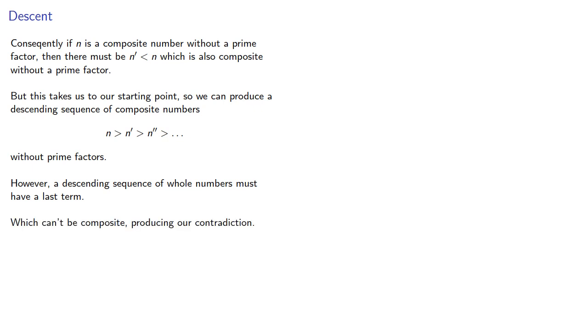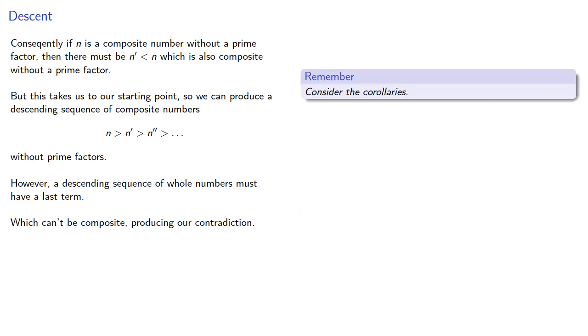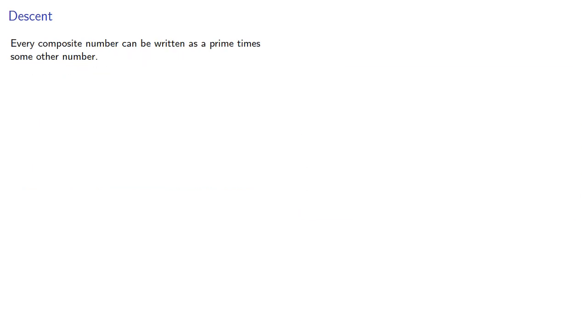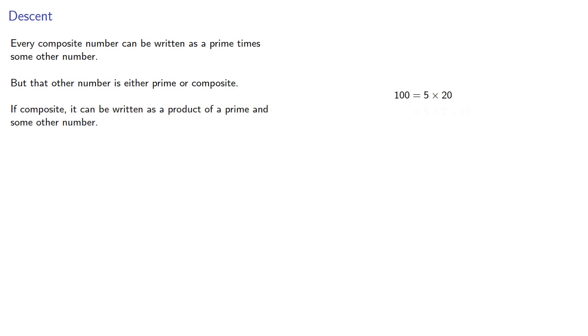Now, a useful strategy in mathematics is to consider the corollaries. So we've shown that every composite number can be written as a prime times some other number, but that other number is either prime or composite, and if it's composite, it can be written as a product of a prime and some other numbers.